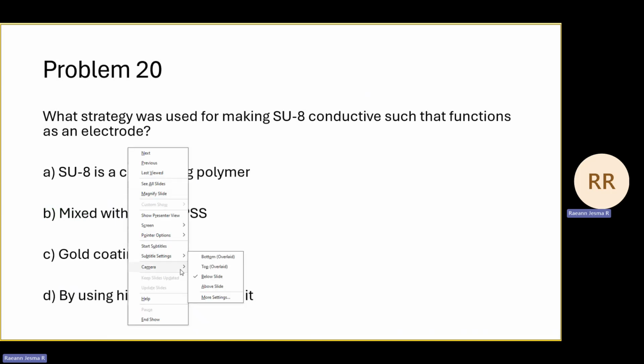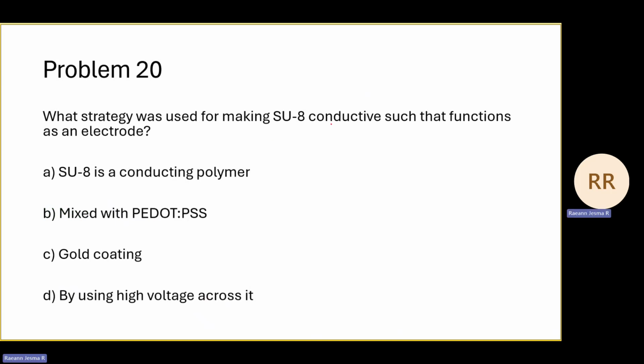What strategy was used for making SU8 conductive such that it functions as an electrode? Option A, SU8 is a conducting polymer. B, mixed with PEDOT PSS. C, gold coating. D, by using high voltage across it. So what is the correct answer?